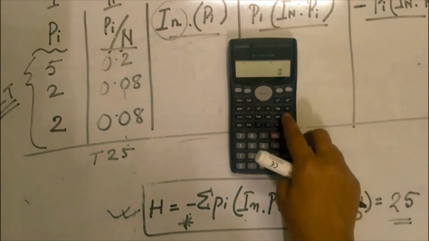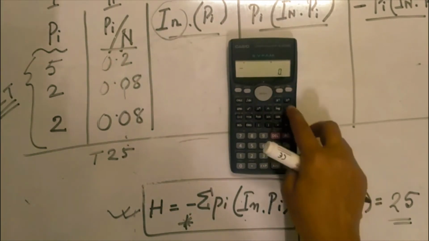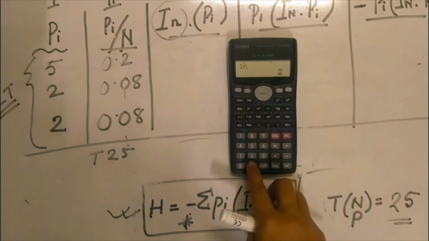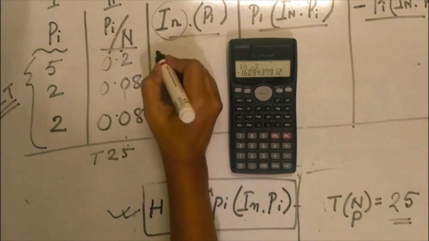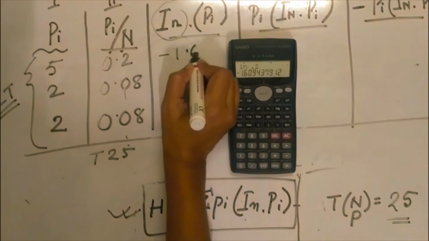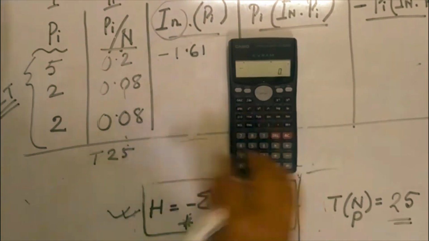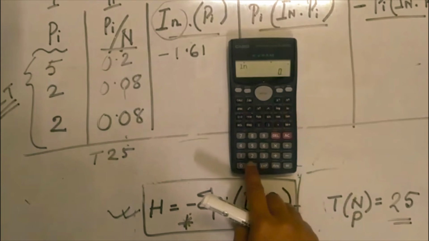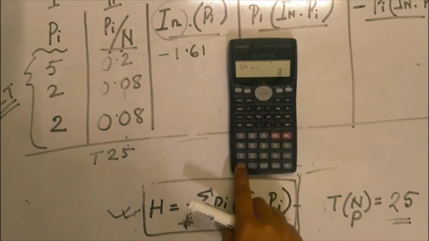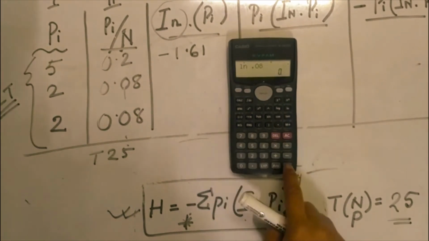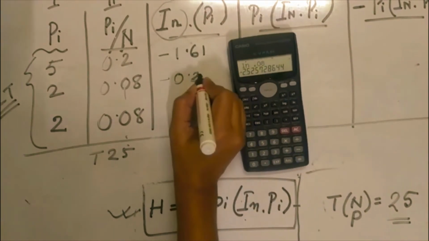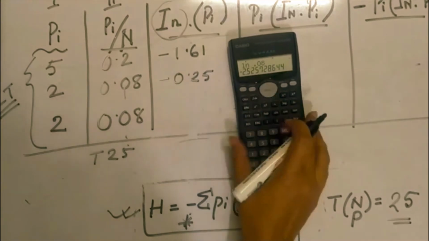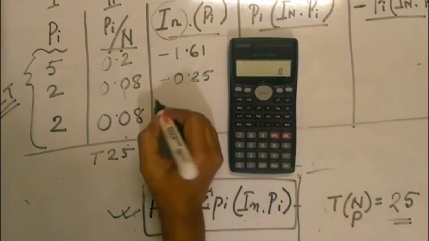Then you press ln of 0.2, which is equal to minus 1.61. Then press ln of 0.08, which is equal to minus 2.52, 2.53.